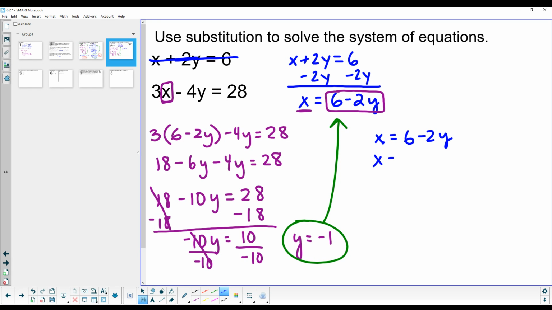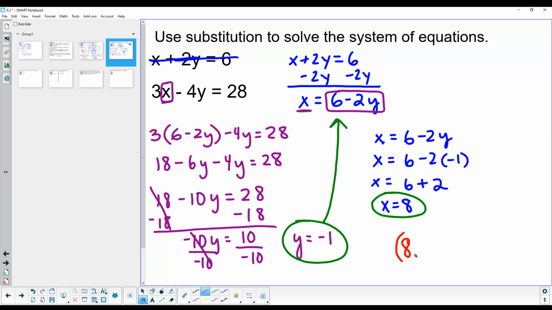So that means I can say x is equal to 6 minus 2 times negative 1, substituting in that value that you found to find your other variable. So 6 plus 2, that's going to give me x equals 8. I found x and I found y, so now I can write my ordered pair, x and then y, make sure you put it in the right order. So it would be 8, negative 1.